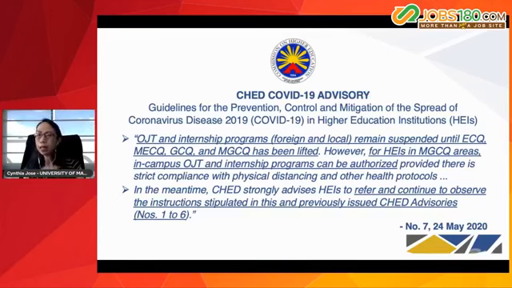I'm really just quoting the stipulations that refer to OJT, but the advisories run 2 or 3 pages and cover not just OJT but all other sectors. And the HEIs were encouraged to use alternative modalities, to hold online classes. And that was actually what happened last year.